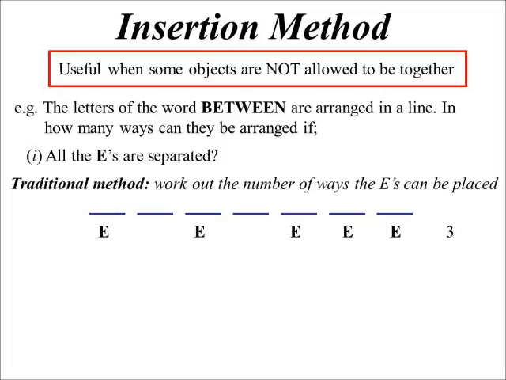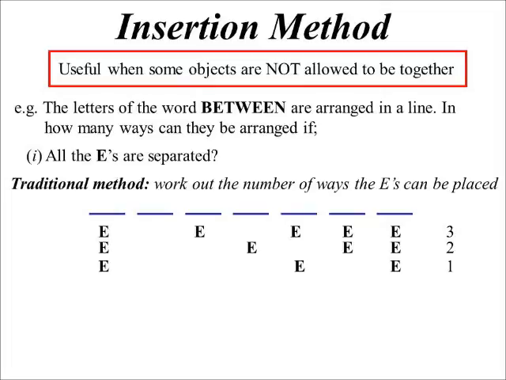So where the E's are in position 1 and position 3, I've got 3 ways I could place that third one. But if I have it in the first and the fourth position, then there'd be 2 ways I could place the third one. If I had it in the first and the fifth position, there's 1 way I could place the third one. So that's all the possibilities where there's an E in the first position.